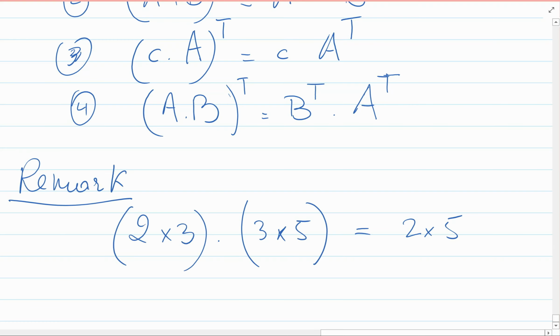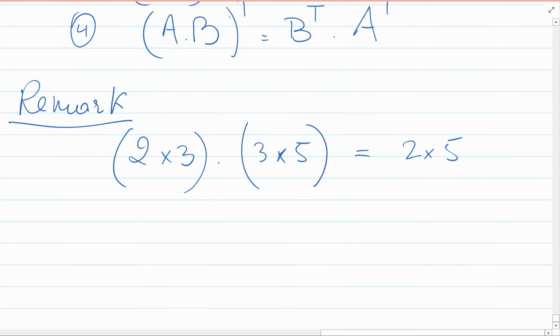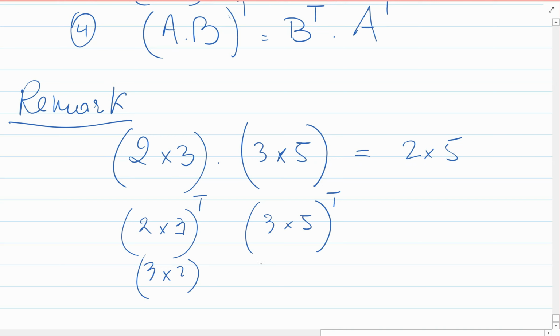Now what about if I take the transposes? The transpose of the 2 by 3 matrix is 3 by 2, and the transpose of the 3 by 5 matrix is 5 by 3.